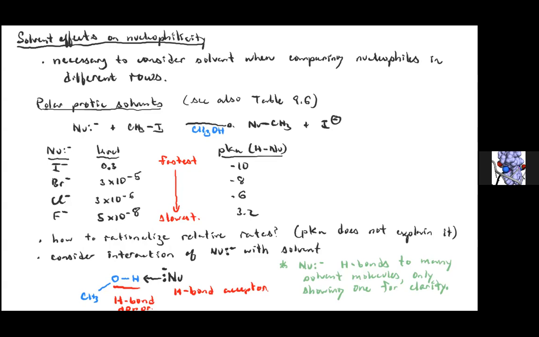Those H bonds are very weak. So the strength of hydrogen bonding correlates inversely with acidity.